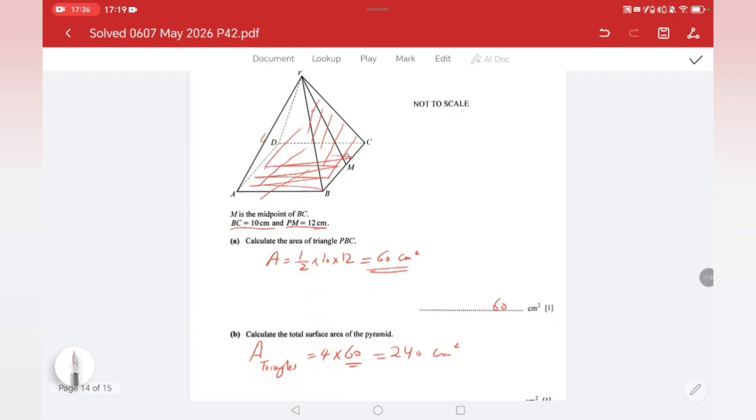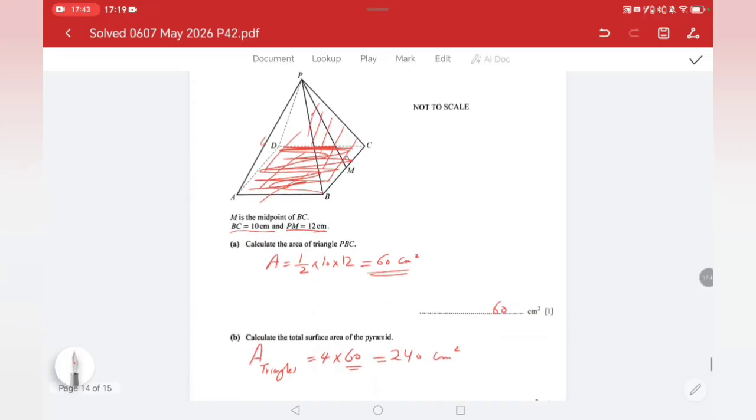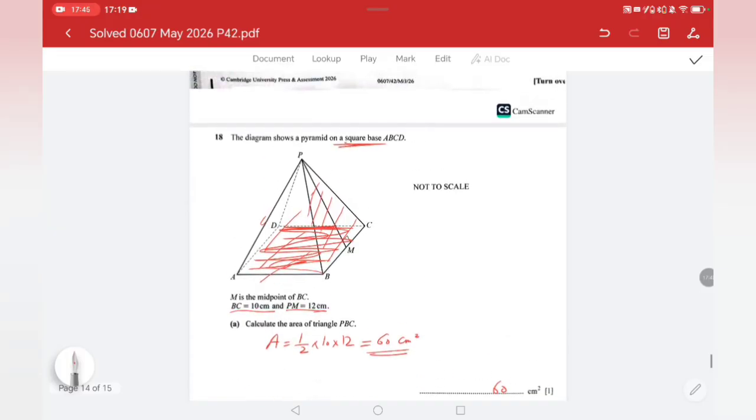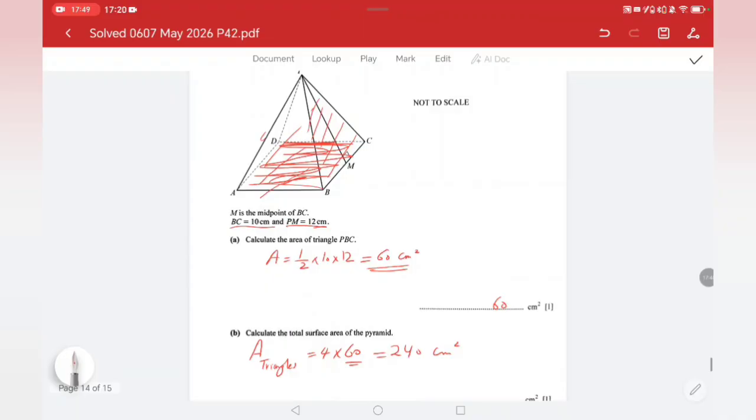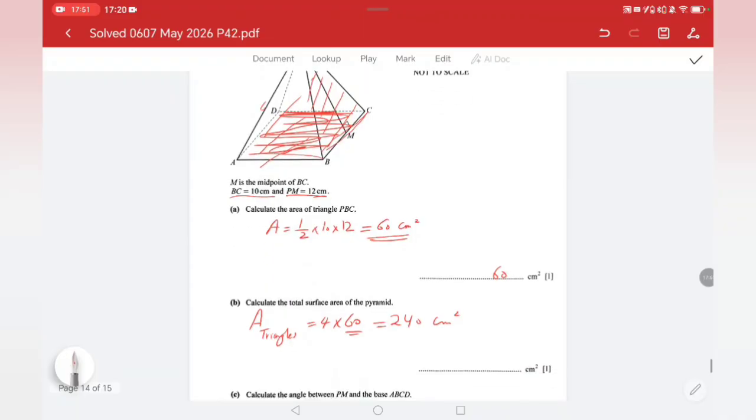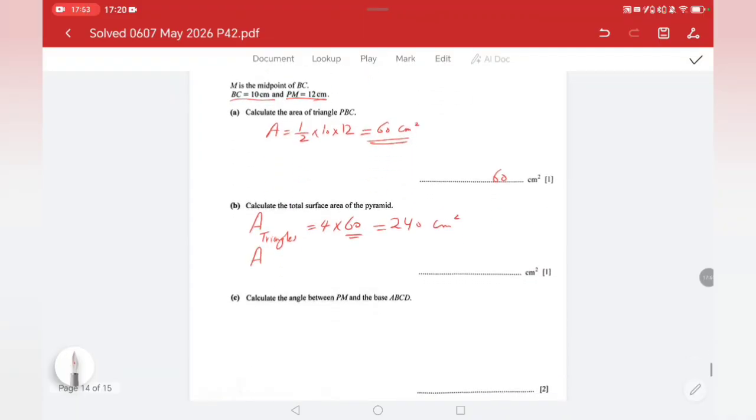The base is a square. One side BC was 10, so it will be 10 squared. So the area of the square is 100. So the answer is 340 centimeters squared.